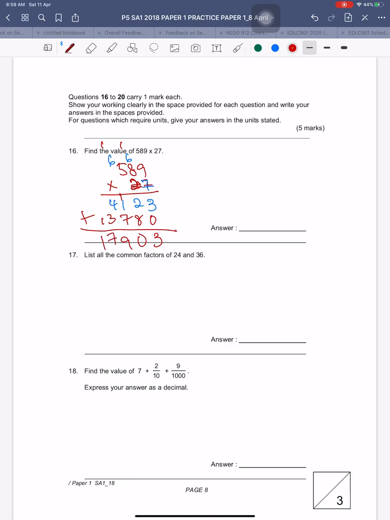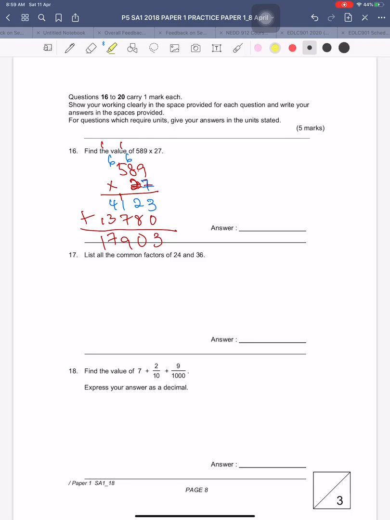I think I made a mistake somewhere. 9 times 7, 63. 8 times 7, 56. 56 plus 6, 62. 5 times 7, 35 plus 6, 41. Okay, 5 times 2. Oh, 5 times 2 is 10.